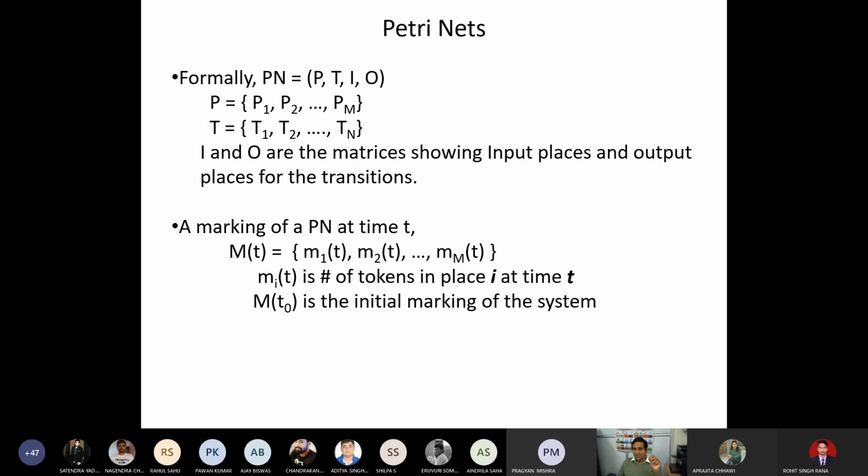If you want to represent this graph using a matrix, how will that matrix look? Can anyone tell me? Anyone guess how it looks?